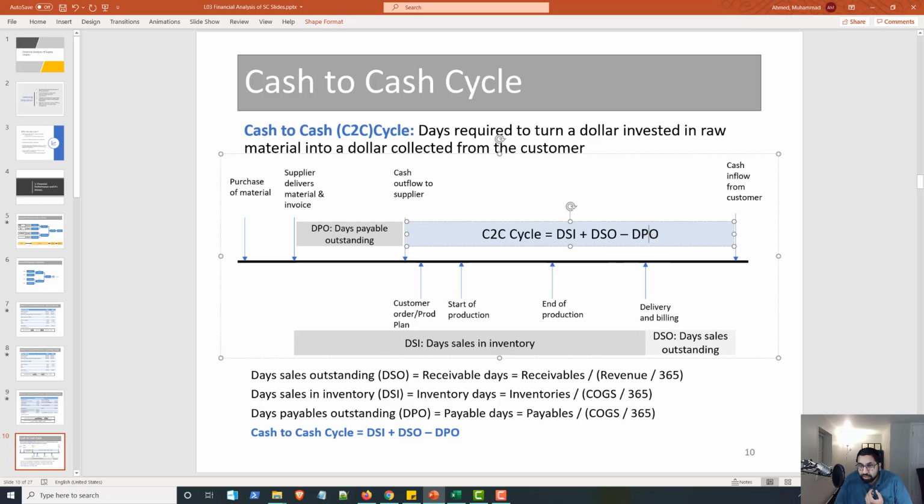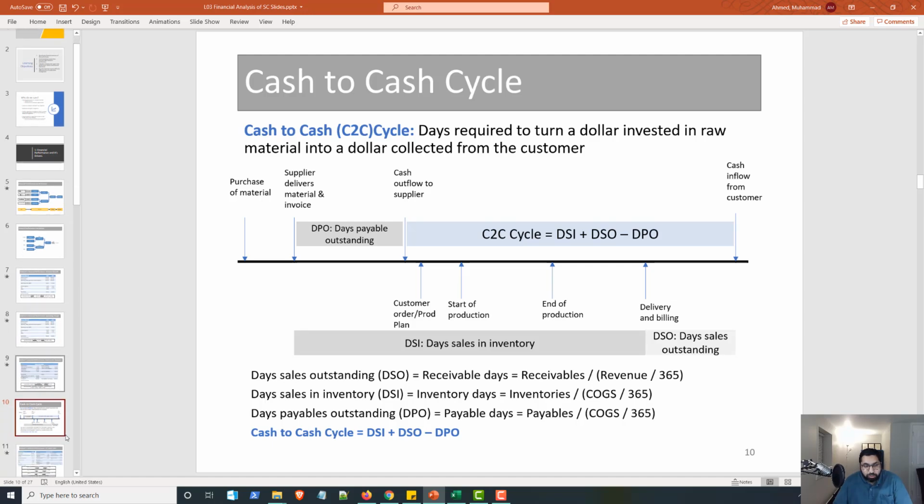So we subtract the days payable outstanding, DPO, from DSI plus DSO, and we get the cash to cash cycle time. DPO is subtracted because that is the supplier's contribution to the working capital requirement. If the supplier said, pay me right away as soon as you get delivery, then DPO would be 0, and so you wouldn't subtract anything.